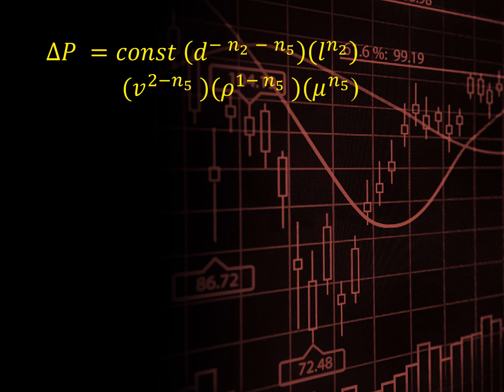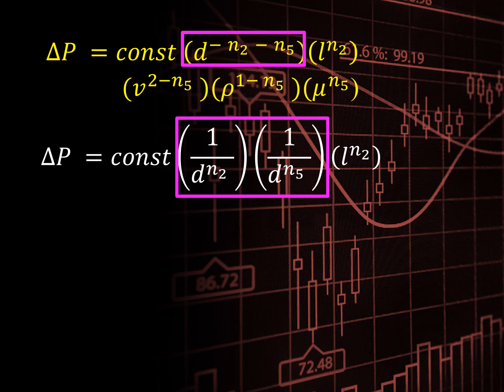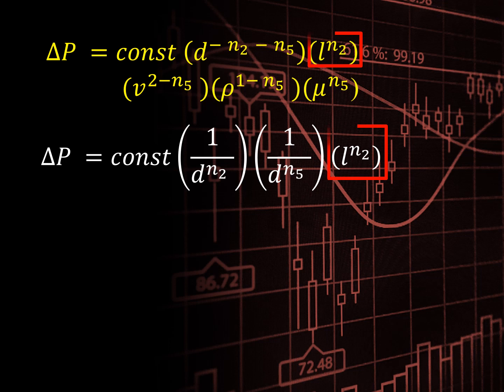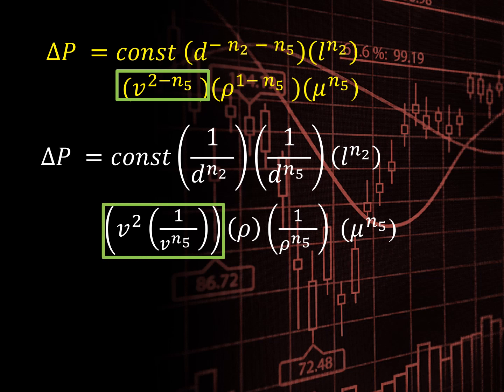We will then simplify again. For D raised to negative N2 minus N5, we will be getting 1 over D^N2 times 1 over D^N5. While L raised to N2, we still have L raised to N2. For V raised to 2 minus N5, we will be getting V squared times 1 over V^N5.